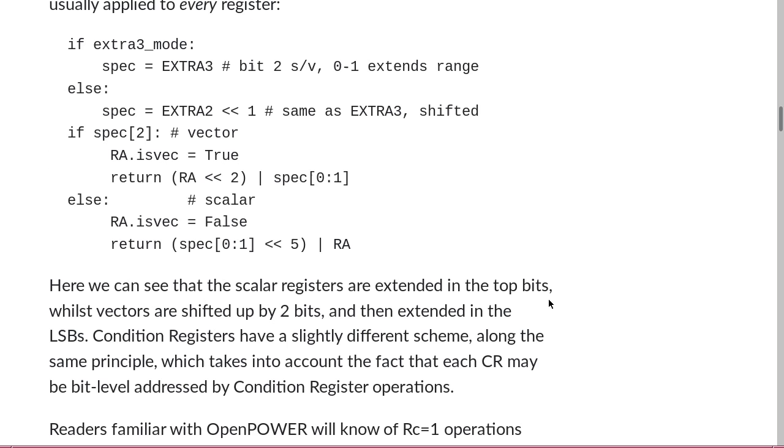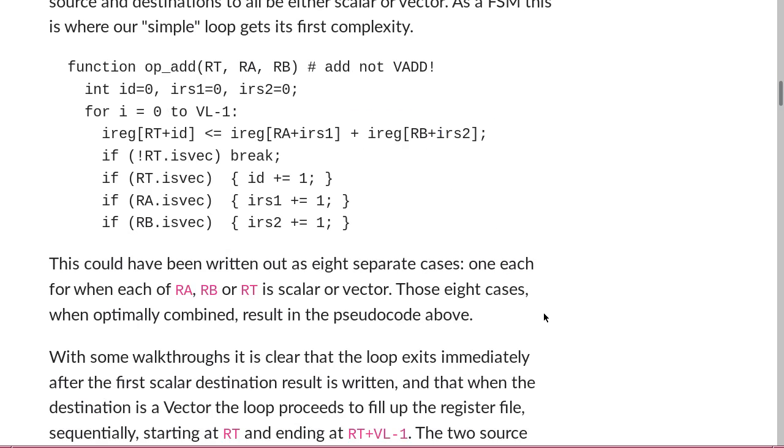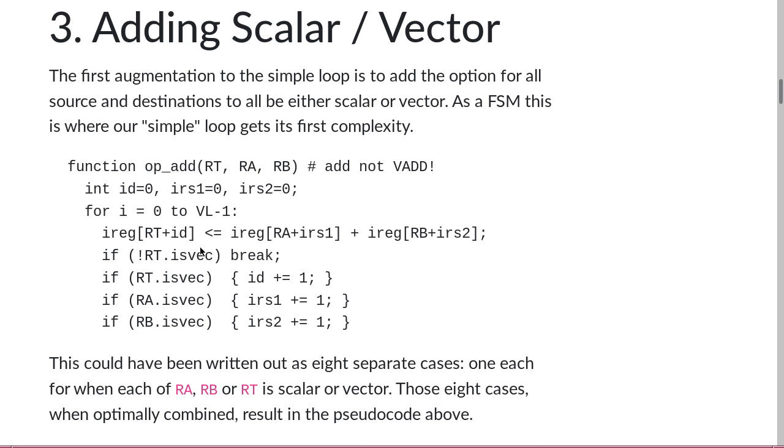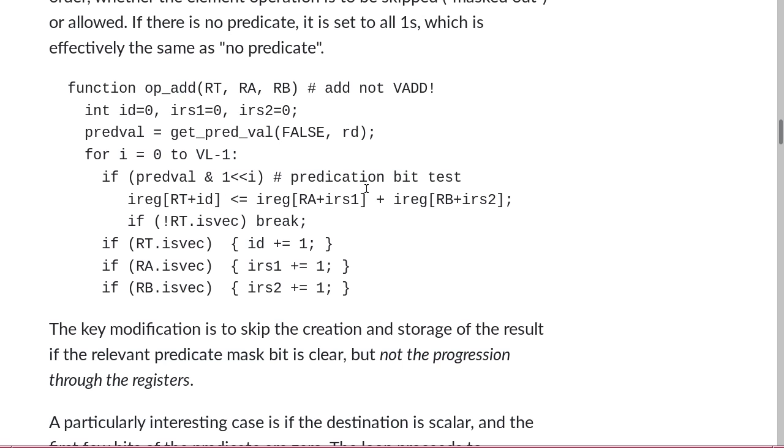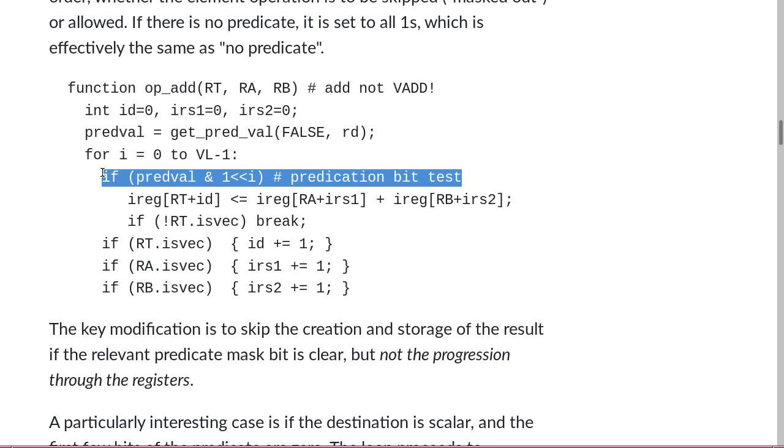Now, the loop here previously had no predication. All that predication does is test each individual bit, and if that bit in the predicate is not set, then it just skips that element.